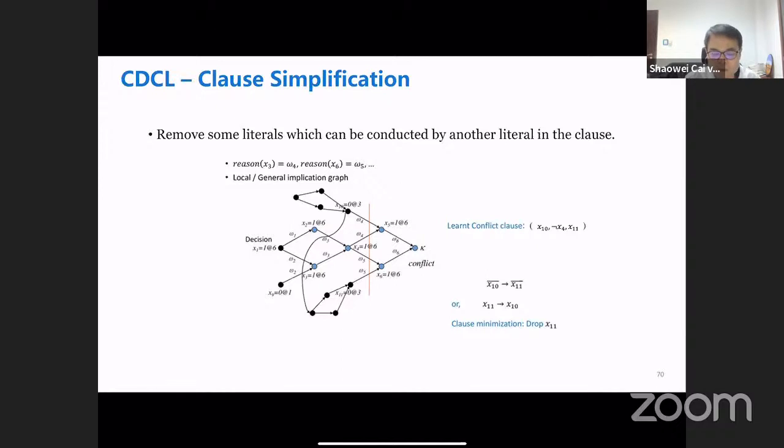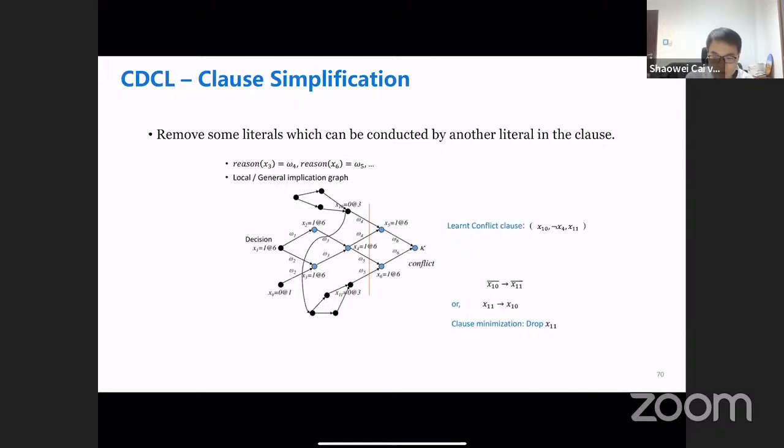Okay, now I will also mention clause simplification. When we learn a clause, it might contain many literals, and on one hand we try to learn short clauses, right? We want to shorten the learned clauses. When we learn a clause, we try to simplify it.